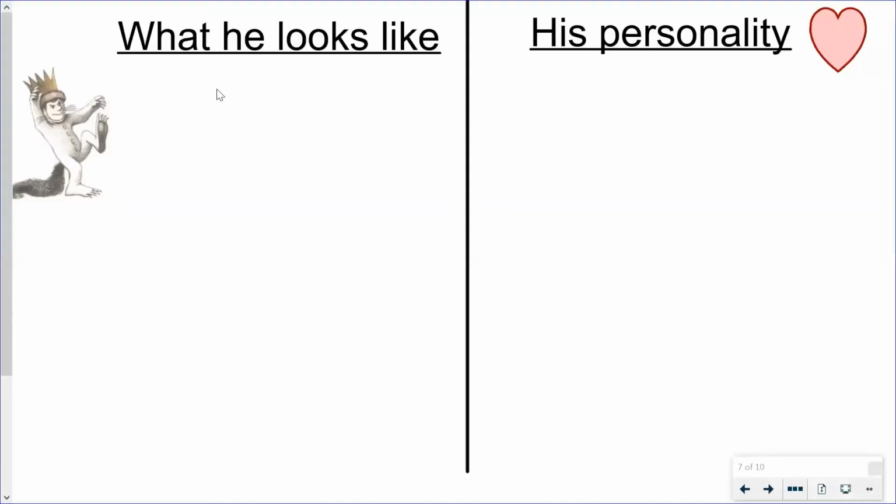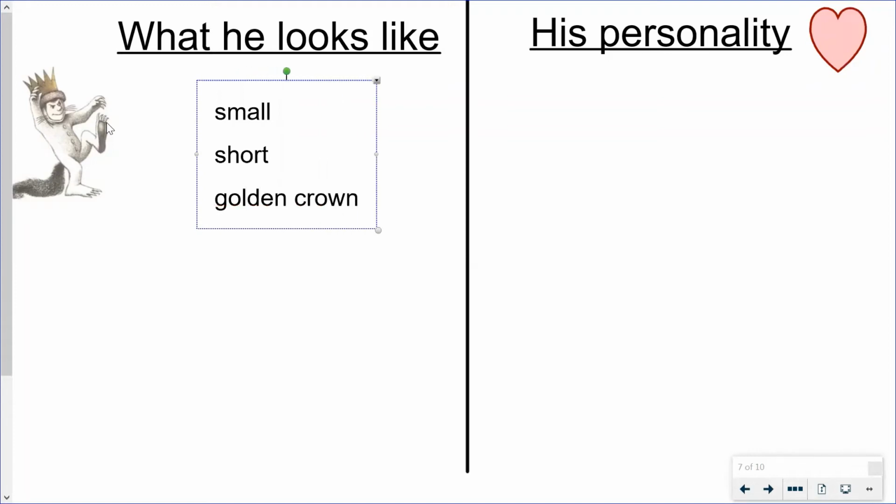So what does Max look like? Can you help me describe him? What kind of adjectives do you think I might be using? I think Max is young, so maybe we can say he's small. He's not very big, is he? Then he is short, isn't he? He's very short. Now we can say that he's wearing a golden crown, so we can write golden crown.